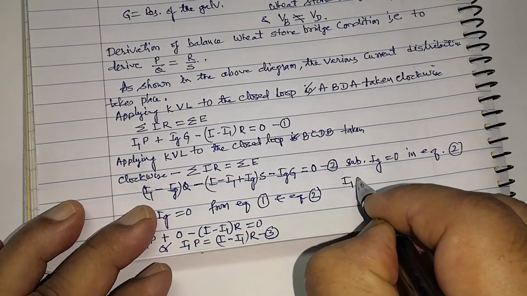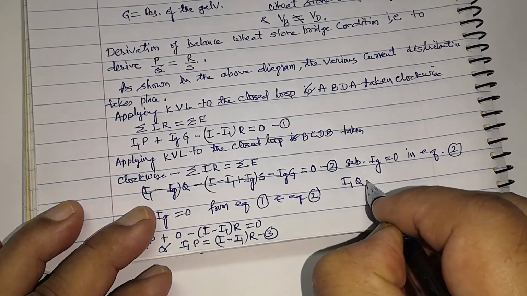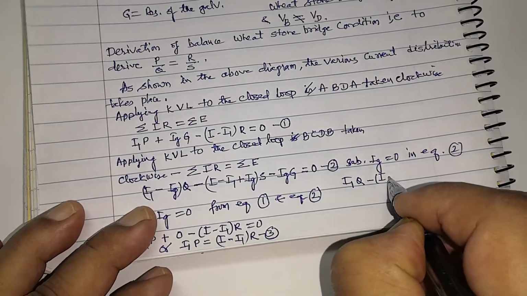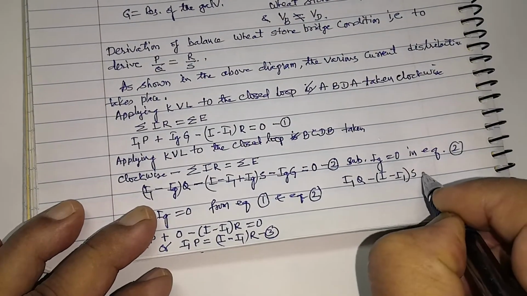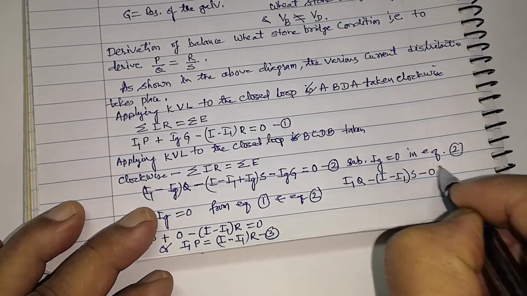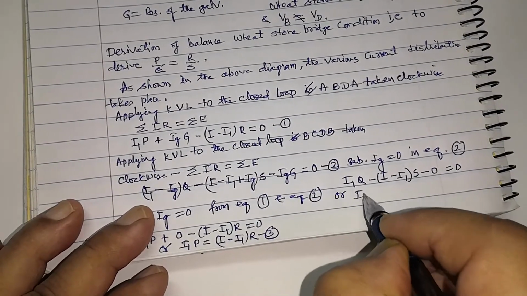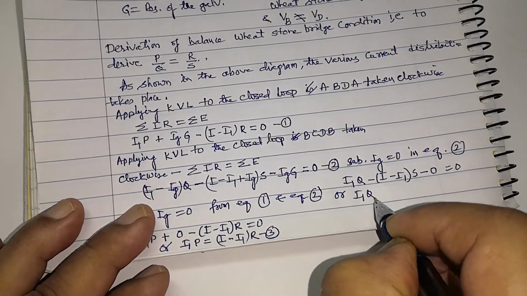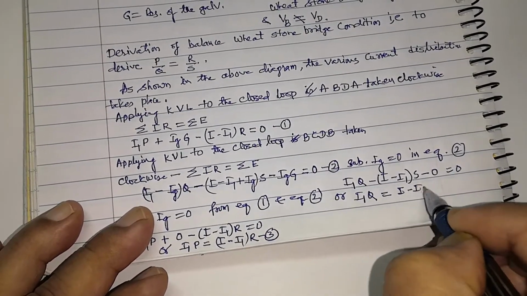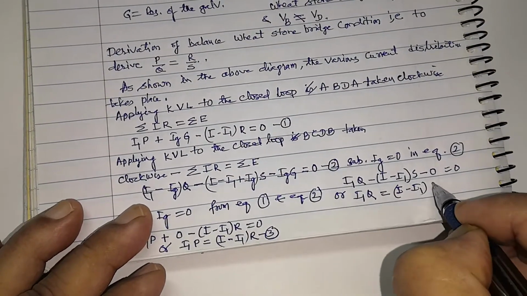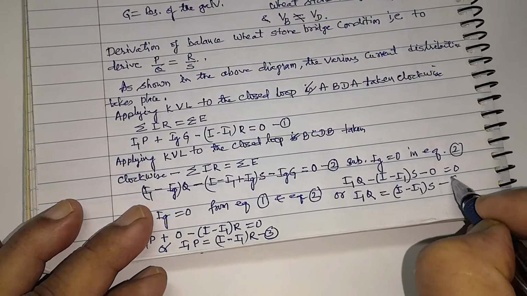I1Q minus I minus I1 S minus 0 is 0, or I1Q equal to I minus I1 S. This is equation number 4.